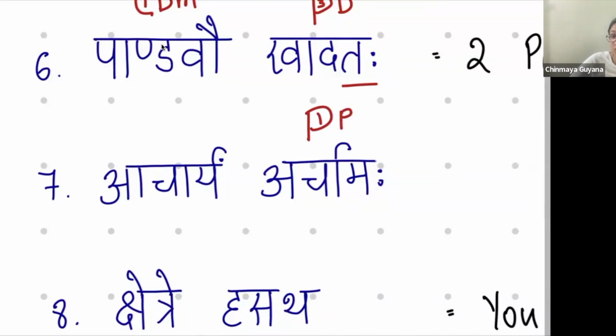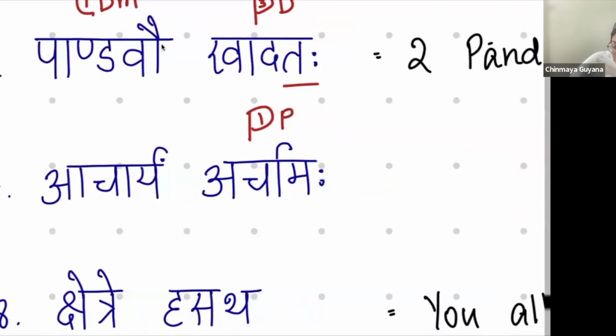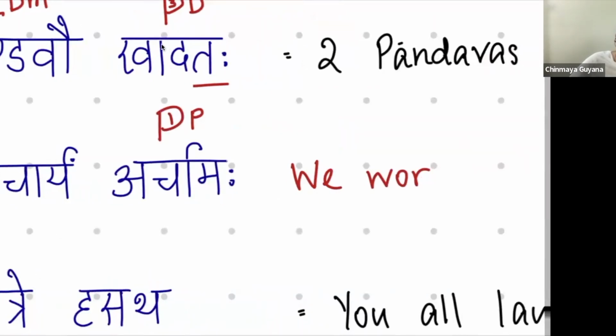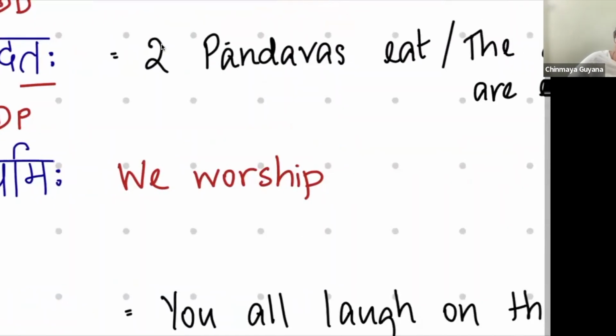Correct? So what is our subject? Our subject is we. We archamaha. We worship. And then what is the object? Acharyam. Second case, singular, master. We worship the teacher.